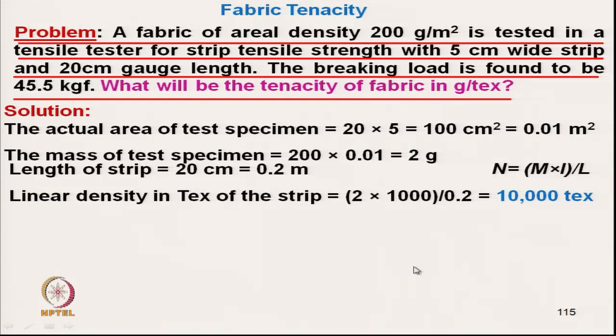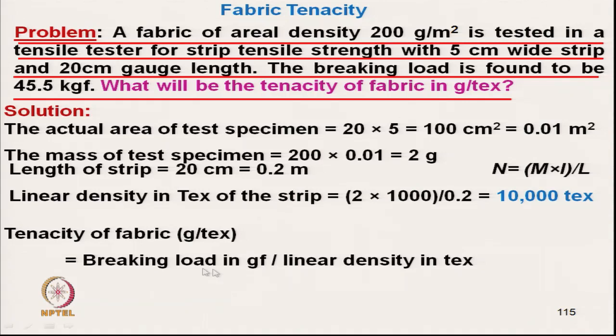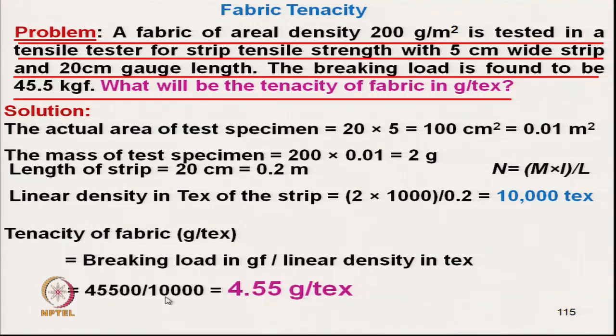Okay. And then the tenacity of the fabric we can calculate here, it is breaking load in gram force per linear density in Tex, it is coming out to be 4.55 gram per Tex.